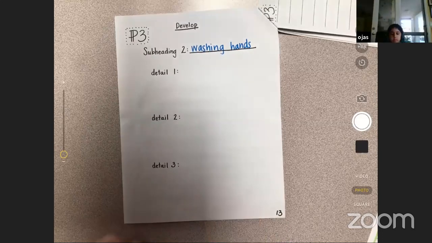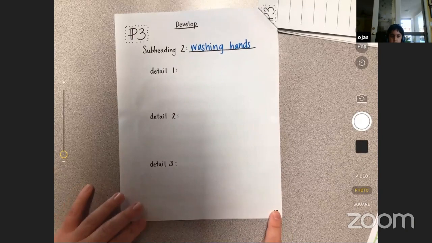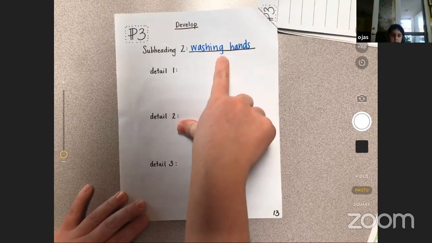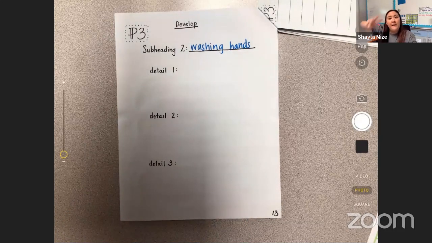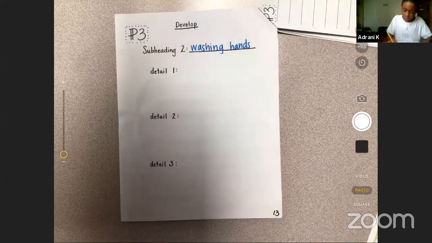Miss Mize, what are we supposed to write on page 12? Page 12, I want you to skip for now. Now, page 13, I want you to write your second subheading, Ojus. Whatever was on your number 2 for page 10 will also be your number 2 for page 13.